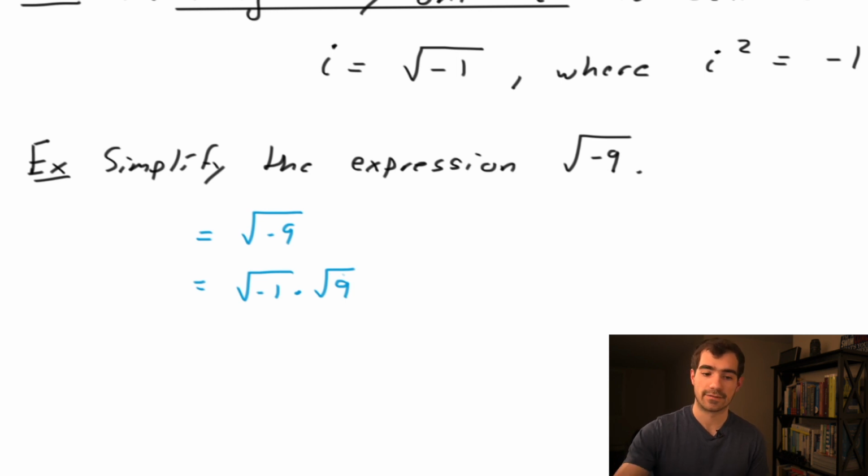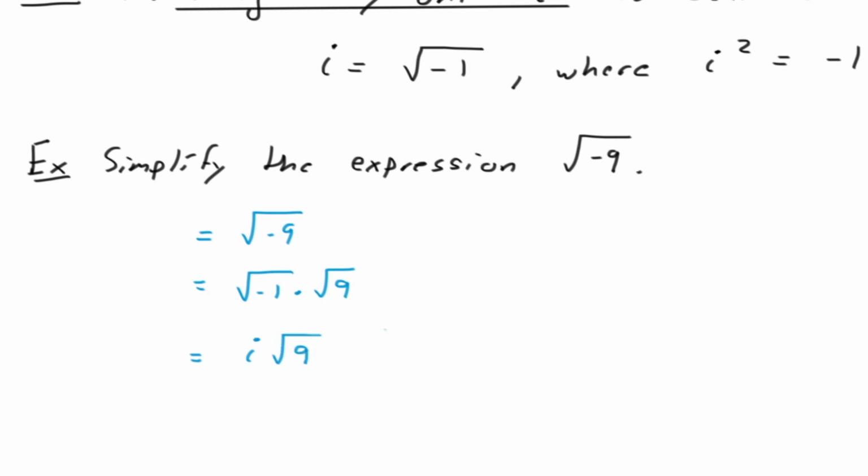We now have defined the square root of -1 as i. And so we can swap the square root of -1 for i, and this would then be i times the square root of 9. And then of course the square root of 9 is equal to 3, so this would give us a final answer of 3i.